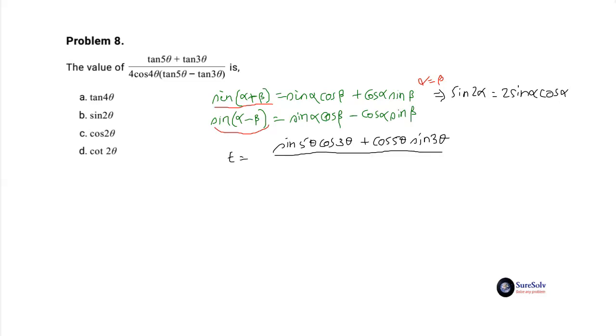Target expression E equal to sin 5 theta cos 3 theta plus cos 5 theta sin 3 theta divided by 4 cos 4 theta multiplied by sin 5 theta cos 3 theta minus cos 5 theta sin 3 theta.